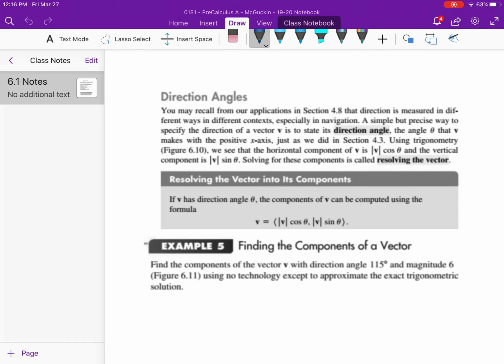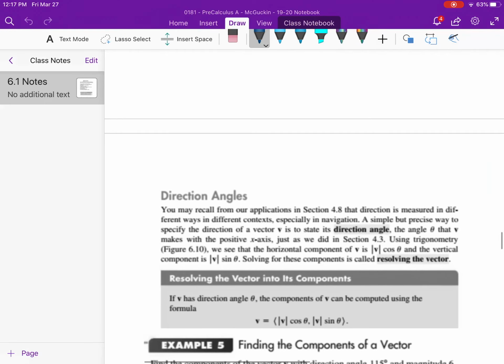Now, when we talk about direction angle, think about our earlier discussions and examples that said things like due east or due west, or when they said so many degrees east of north. That kind of direction angle is what we are saying specifically.